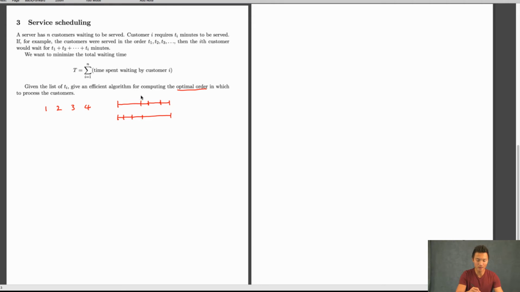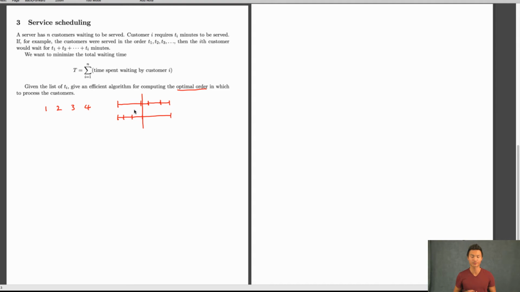So if you look at this point in time, I would have served only one customer in this ordering, whereas I would have served all 3 of these customers already. And since I've served more customers in a certain period of time, that means less total wait time, right? Because these 3 customers no longer have to wait for this amount of time anymore.